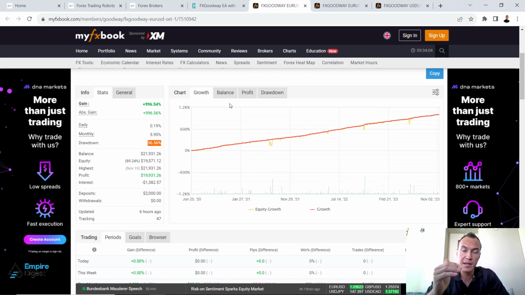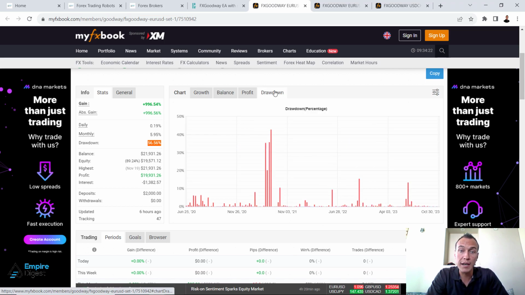The higher the risk of you losing your account or blowing your account. You do not want to risk 56% of your account within one trade. That's basically what it is. So the lower the drawdown, the better. It's the risk of the account, the risk of the forex robot. Okay, so the drawdown has actually come down quite a lot, which is a good thing.